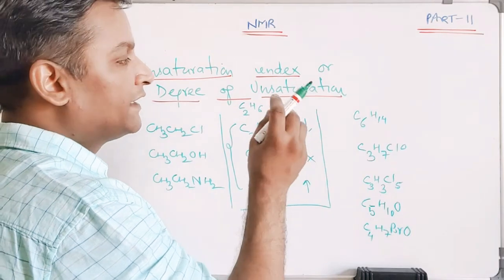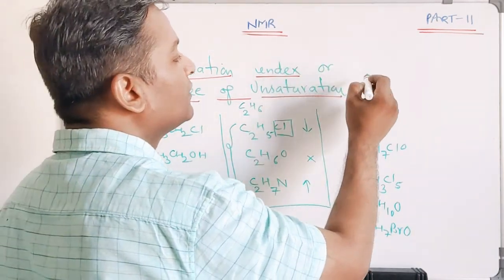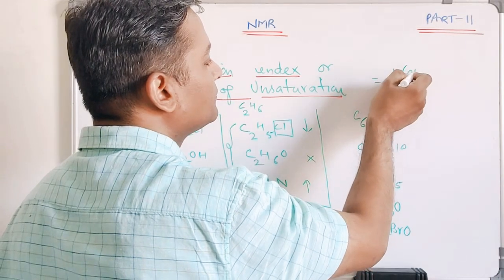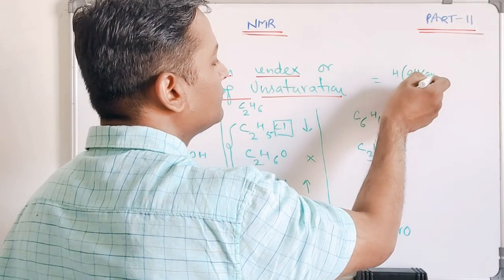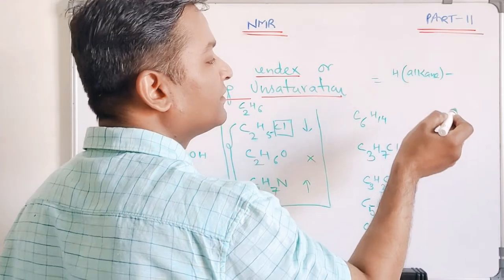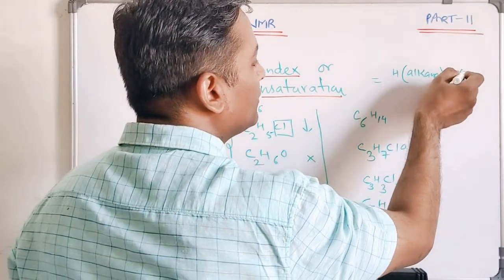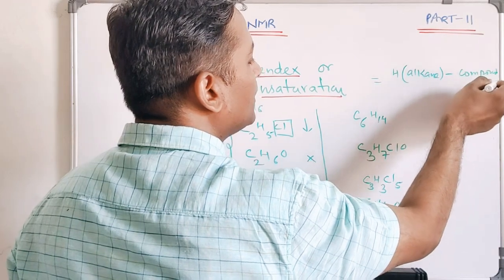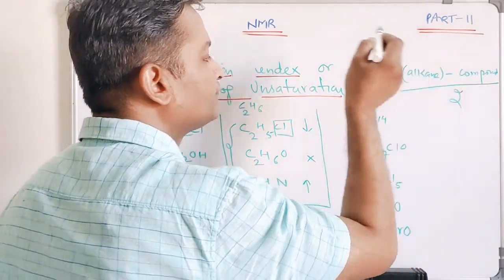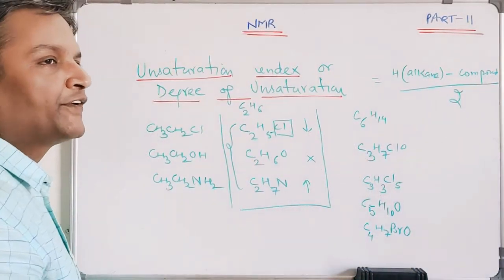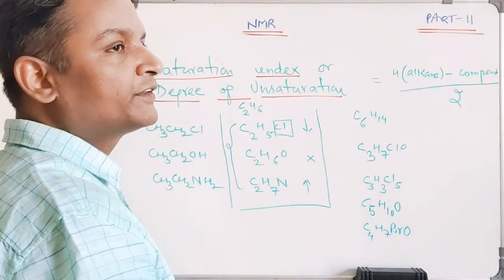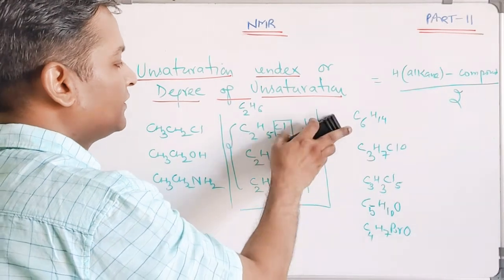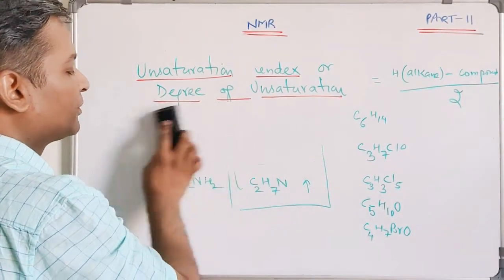Unsaturation index is the hydrogen of the corresponding alkane minus the hydrogen of the compound, divided by 2. I will explain this to make it simple.